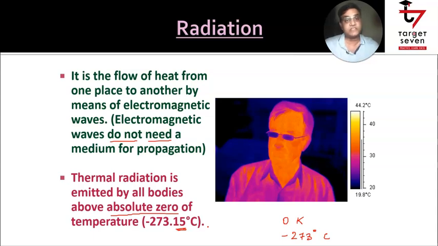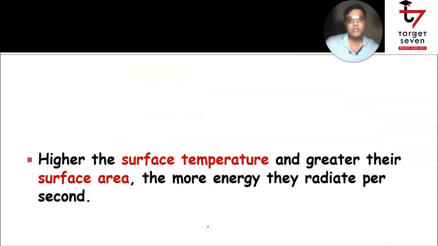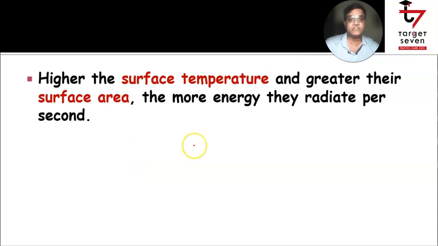I hope I made the statement very clear. It is important for us to understand and make a note of this particular statement, because this forms the foundation for the greenhouse effect.